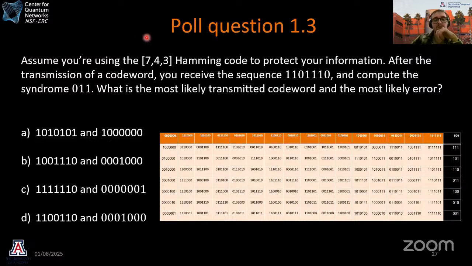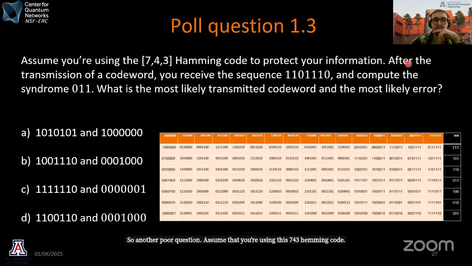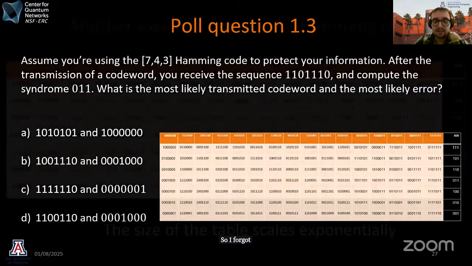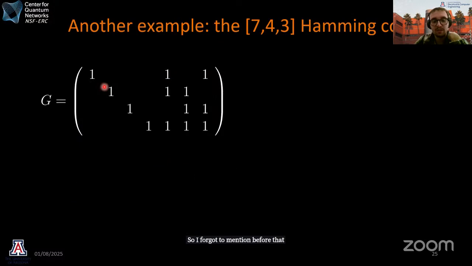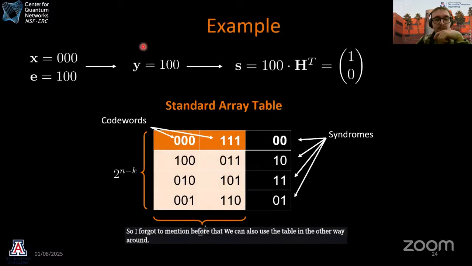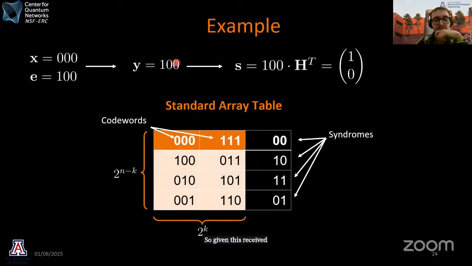So another poll question. Assume that you're using this 7-4-3 Hamming code. You receive this vector here, and you also measure this syndrome here. I forgot to mention before that we can also use the table the other way around. So given this received vector, 1, 0, 0, we can also find the most likely transmitted code word.